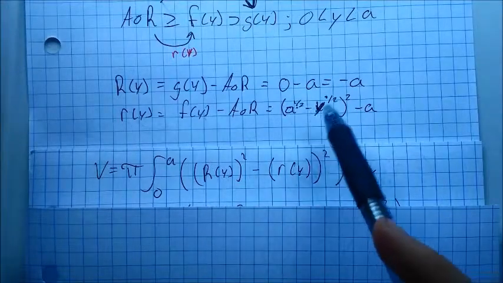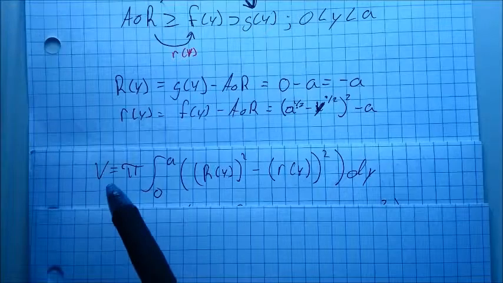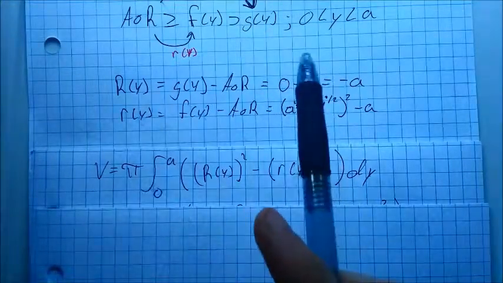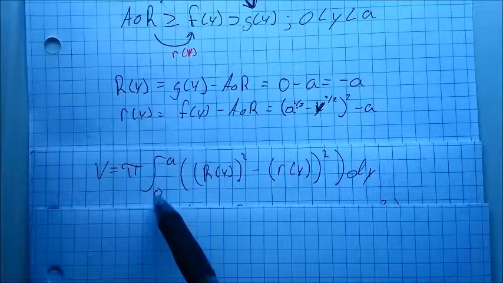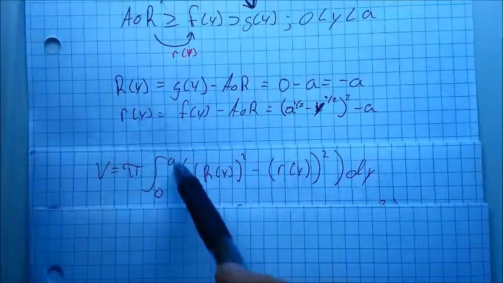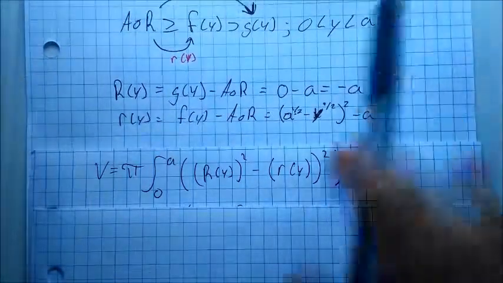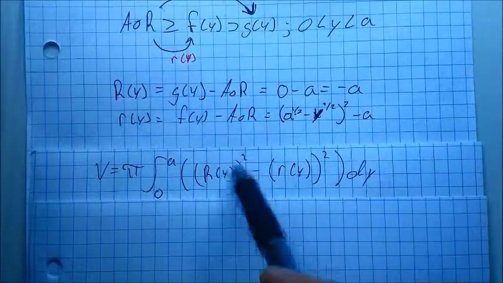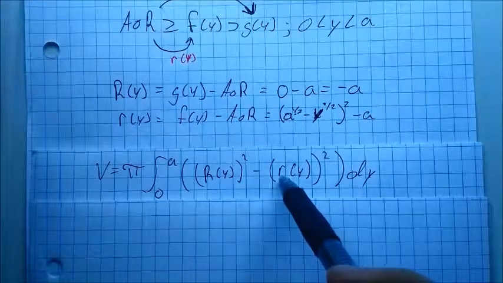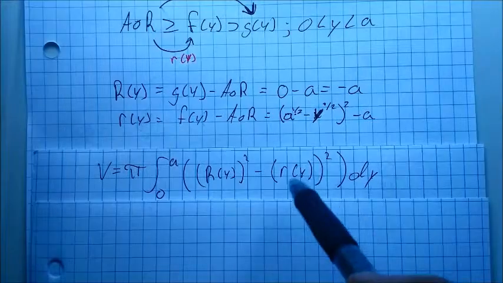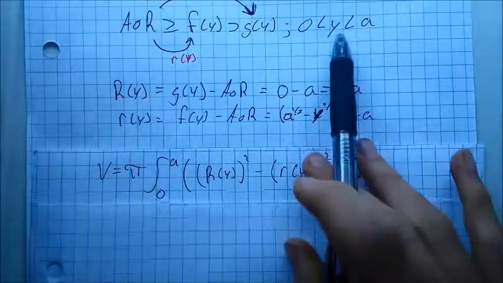we can put that into the formula for the disk method, which is V equals pi, not 2 pi. In the shell method it is 2 pi, in the disk method it is only 1 pi, times the integral from 0 to a, this is our interval here, times capital R of y squared, which is going to be our negative a, minus lowercase r of y squared, which is this business, times dy.